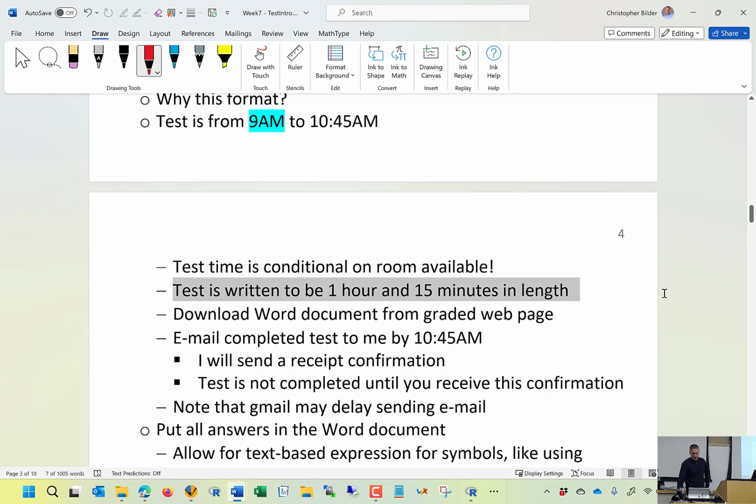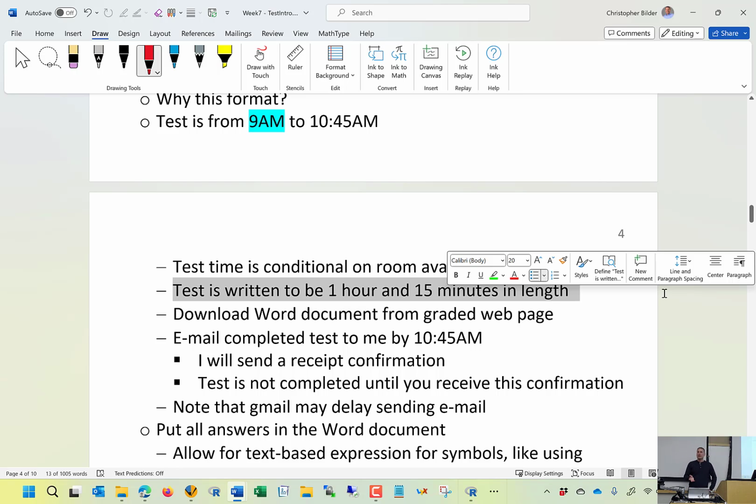Now, the test is written, though, to be 1 hour and 15 minutes long. So I'm not going to take advantage of this extra time to make the test longer. It's meant to be 1 hour and 15 minutes long. The test at 9 a.m. will be made available to you on my graded webpage on my course website. So about 8:59, I'll say, okay, the test is available to you on my website. Go ahead and download it.